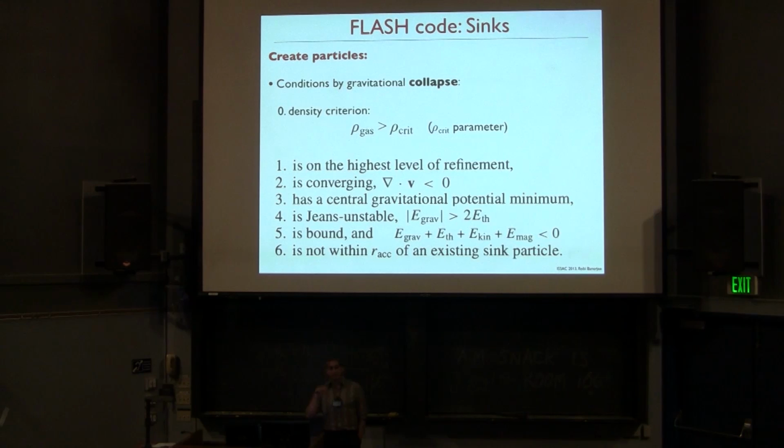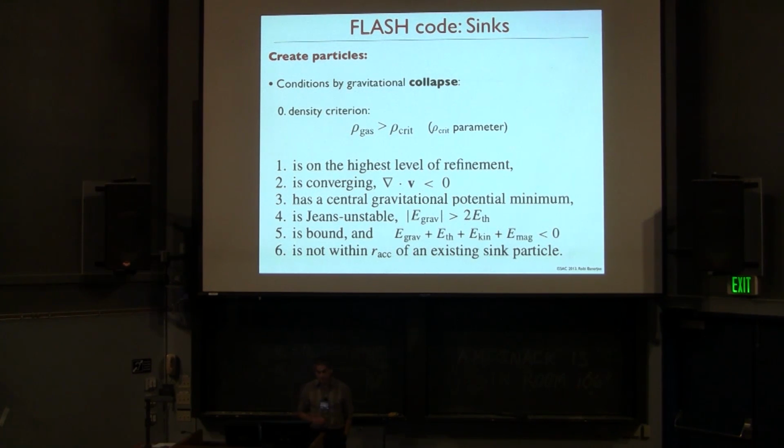First of all, you scan your grid and ask whether a particular grid cell exceeds a critical density, which is just a parameter here. And if you find such a grid cell, you go through a list of criteria until you decide you want a sink particle here.